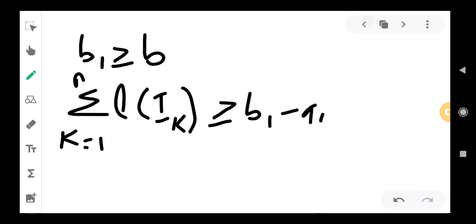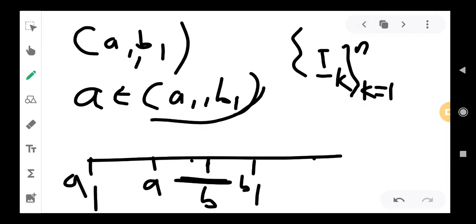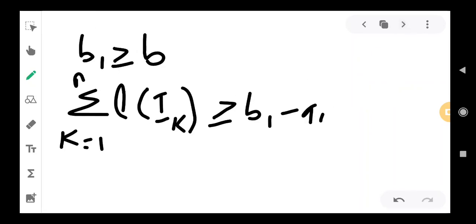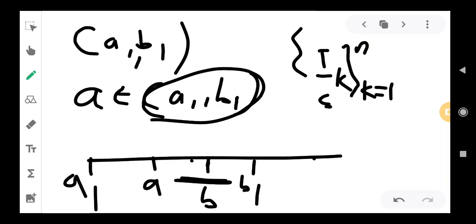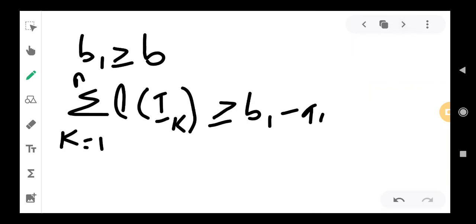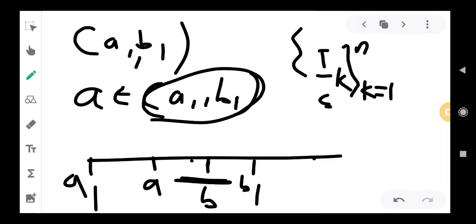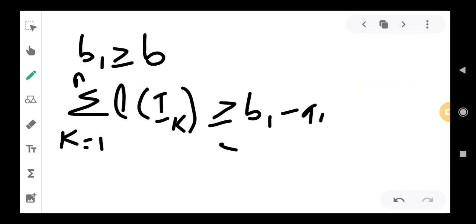How does it come? Because this (a1, b1) is one of the intervals in this collection, and we have taken the sum of all the intervals in the collection, which will obviously be greater than the length of one interval in that collection. And b1 minus a1 will always be greater than b minus a. This is clear from the figure. So I can write it is greater than b minus a.